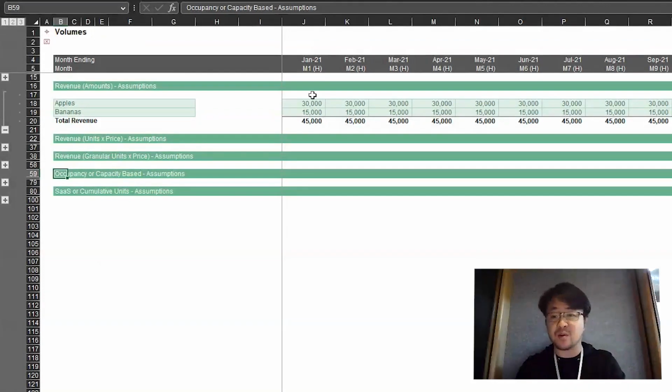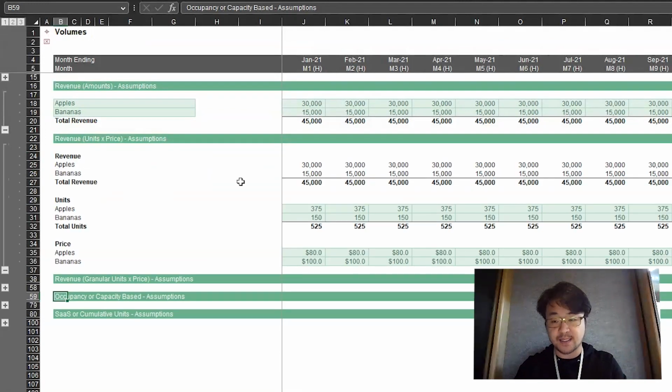In fact, a lot of our models tend to be built this way because it allows for a lot of flexibility within the model structure. So that's the first one. Now, if we go down a step, we're starting to drill down into the driver tree. We've got units and prices.